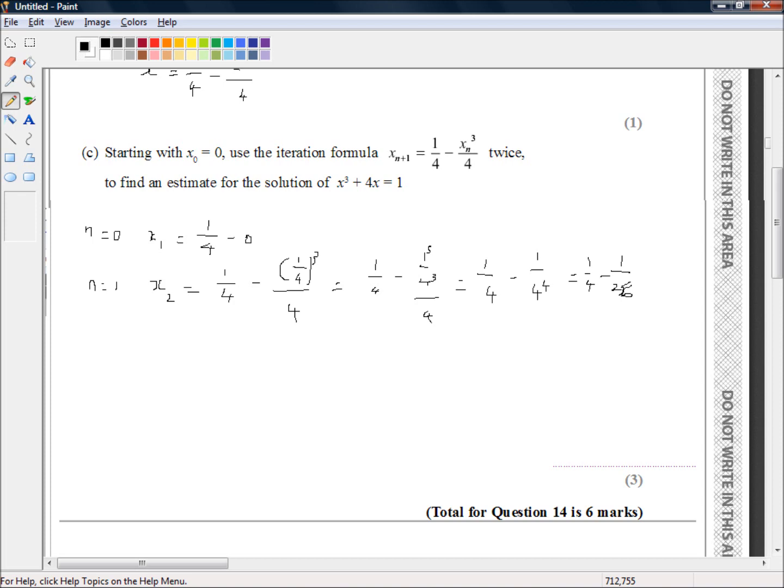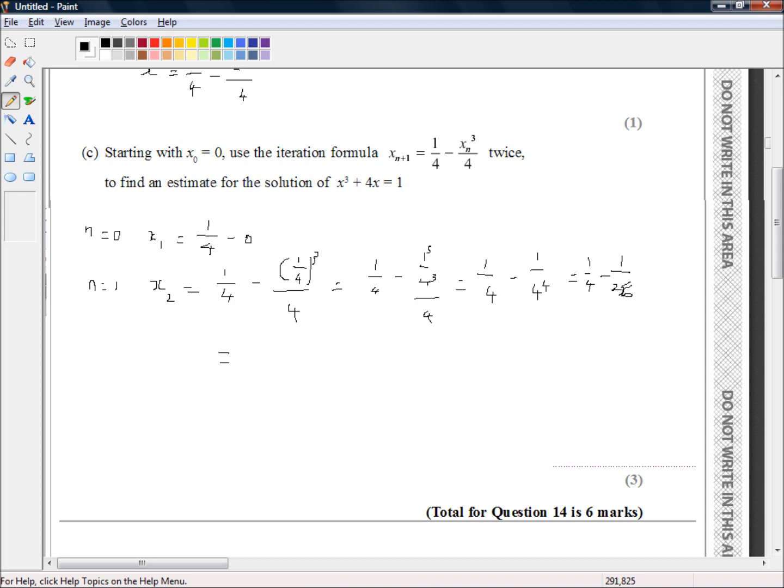So, what we have to do to subtract the fractions is make the denominators the same. Now, I know that 64 times 4 is 256. That's because I did so much computer science, but I just know my 2 to the power n.